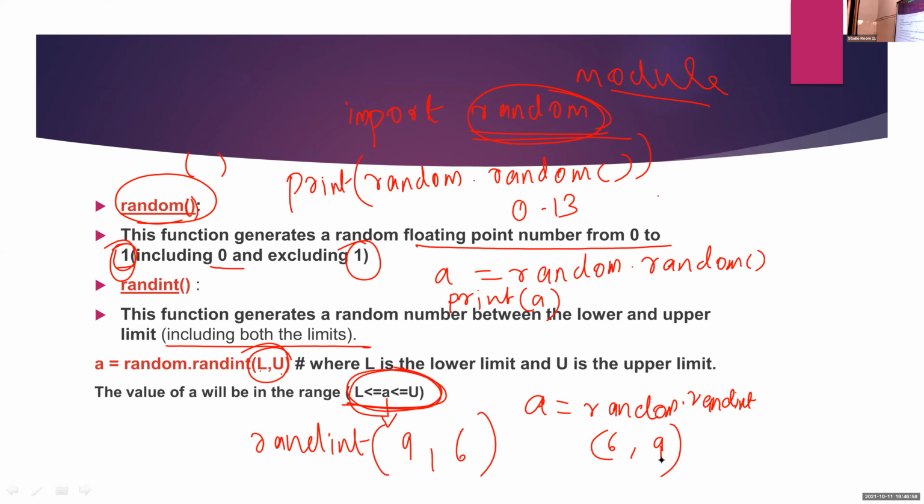So it will generate a set of values between this 6 and 9, including 6 and 9. So that is random dot randint L, U. This function generates a random number between the lower and upper limit, including both the limits.